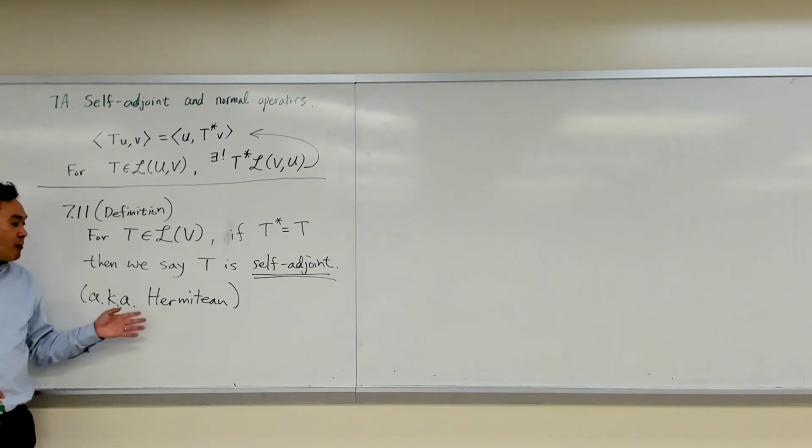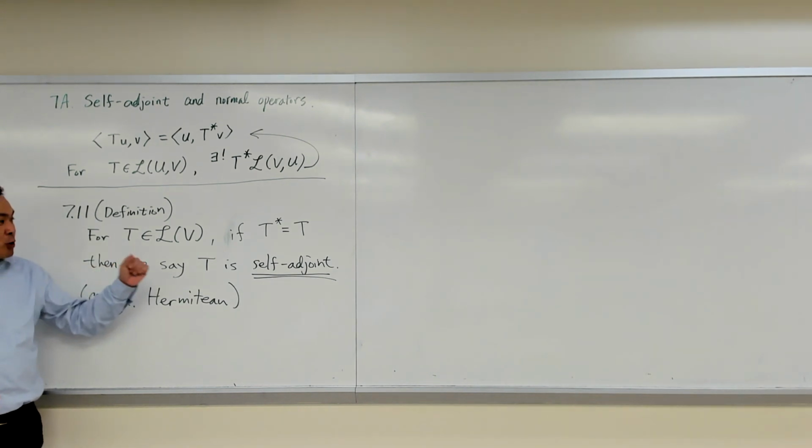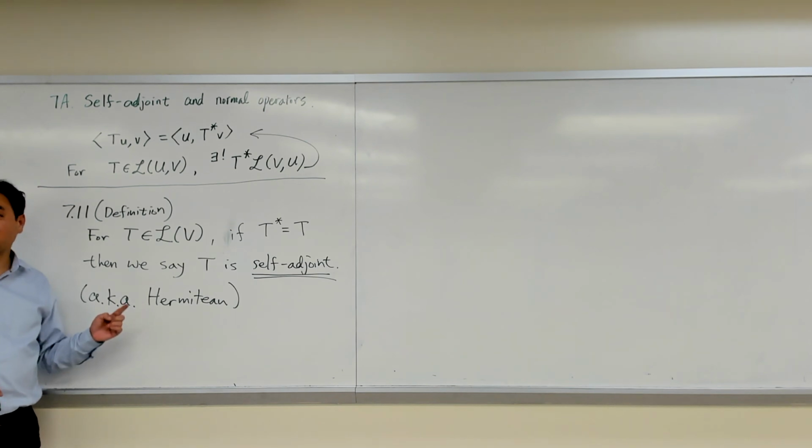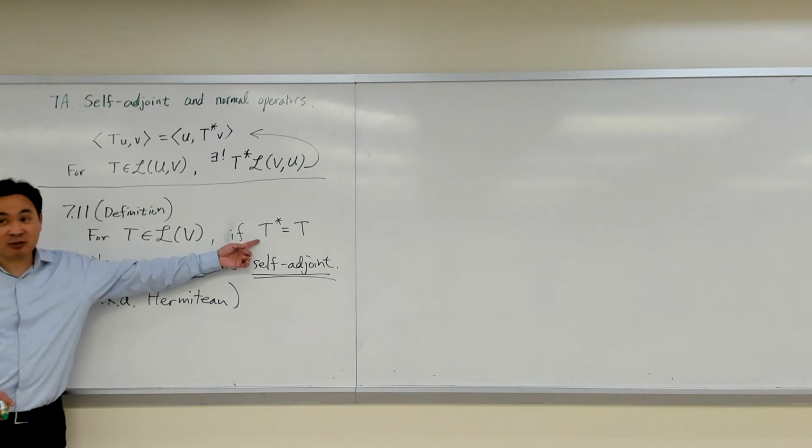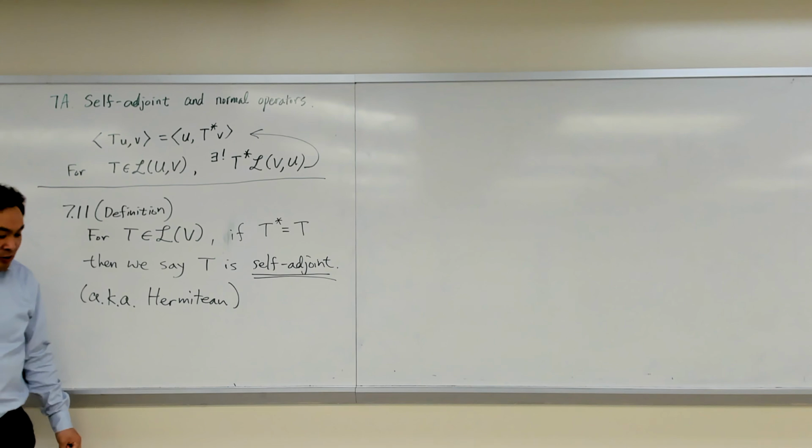Now, often, whether it's self-adjoint or Hermitian, people just say these are matrices which are equal to their conjugate transpose. Okay, so that's another definition you would see rather than this cryptic definition of the adjoint being itself.